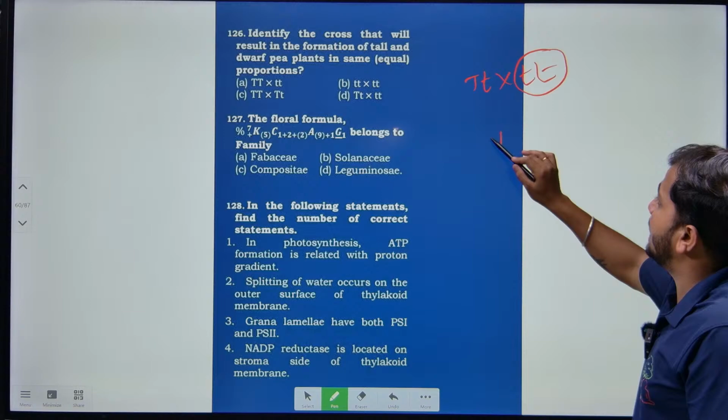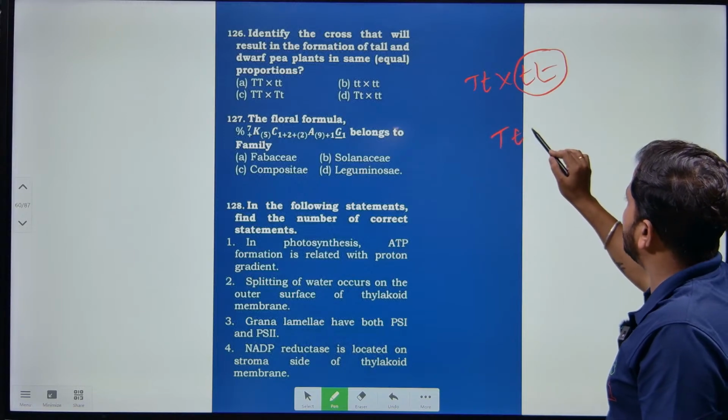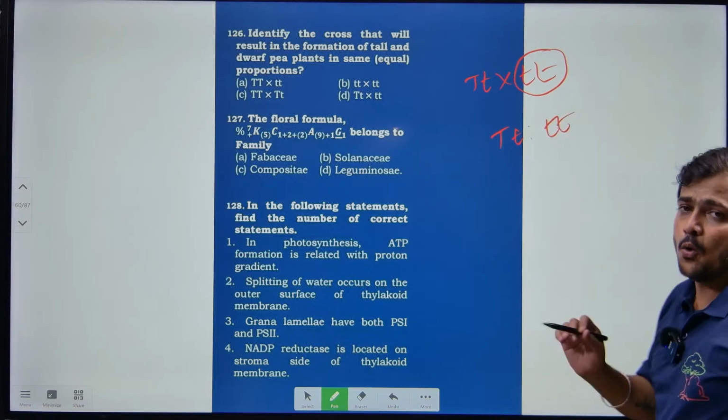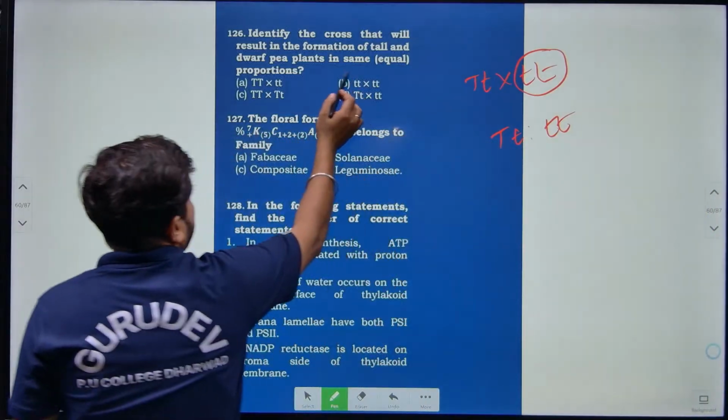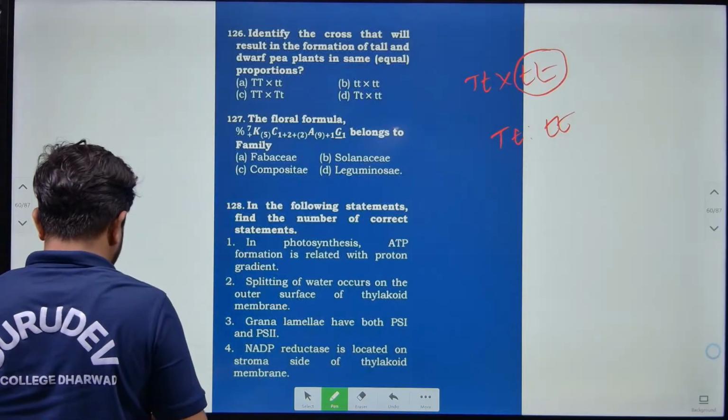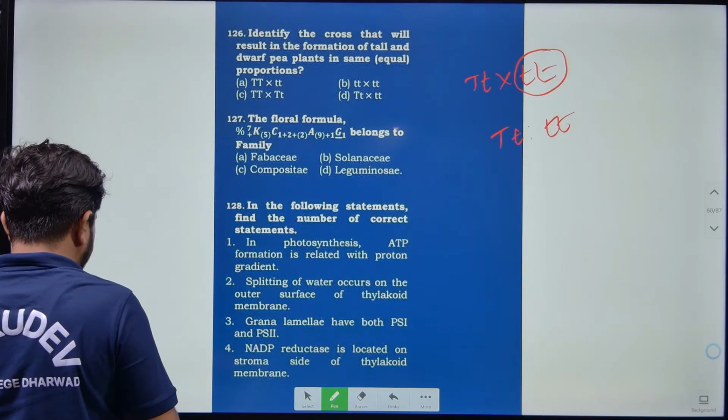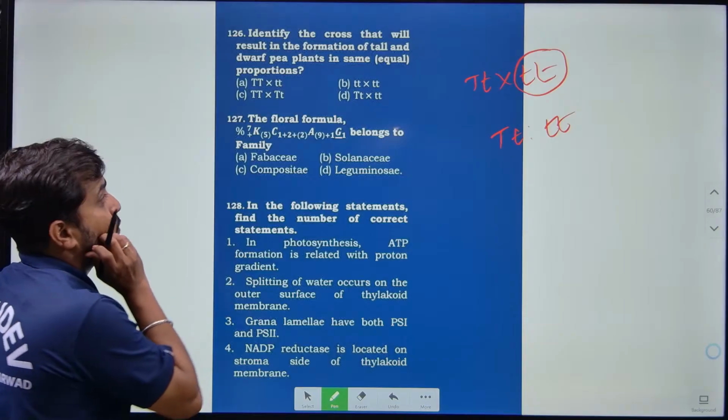One should be heterozygous and one should be homozygous, and only then will I get the same equal proportion.